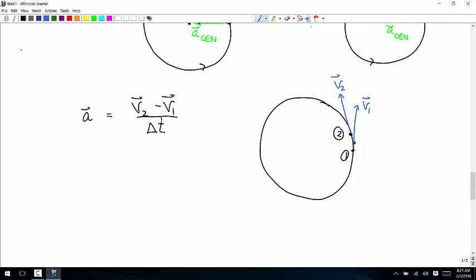And so V2 minus V1, which is what gives the acceleration its direction, if these two have the same magnitude, like if we're in uniform circular motion, then V2 minus V1 is V2 plus negative V1.